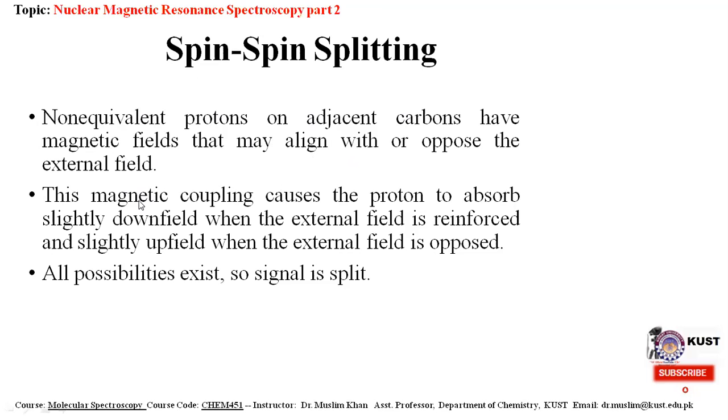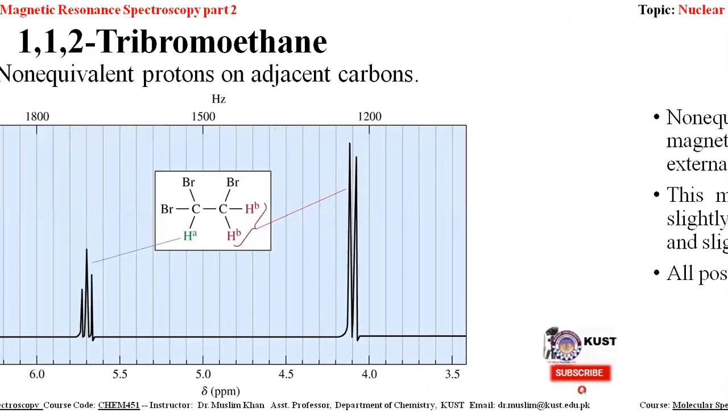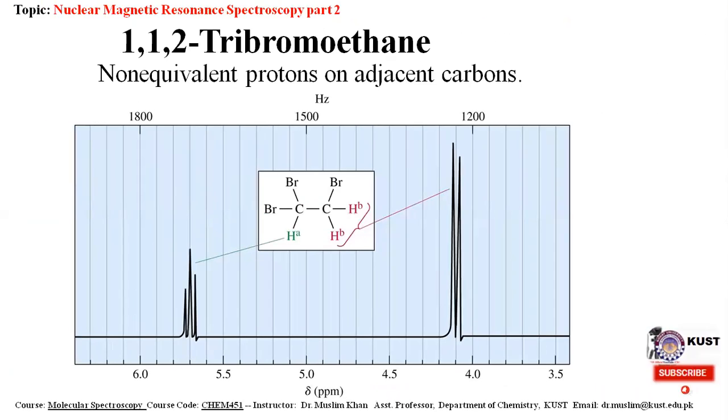So this magnetic coupling causes the proton to absorb slightly downfield when the external field is reinforced and slightly upfield when the external field is opposed. So all possibilities exist, so the signal is split. Like here, this is the example. These are non-equivalent protons on adjacent carbon atoms. These two carbons are adjacent carbon atoms.